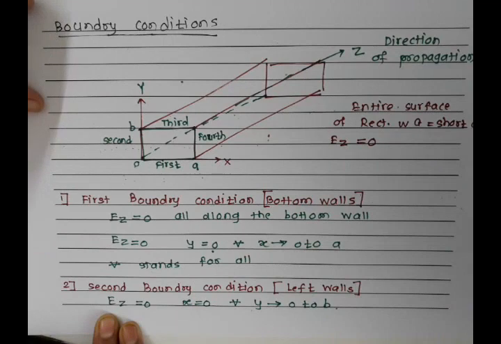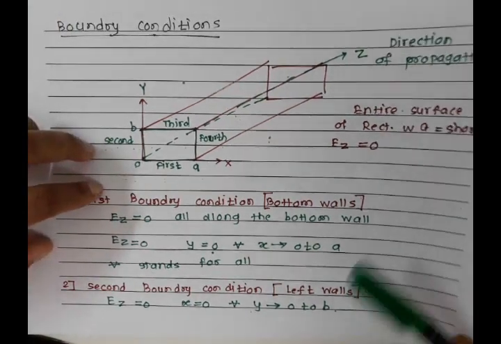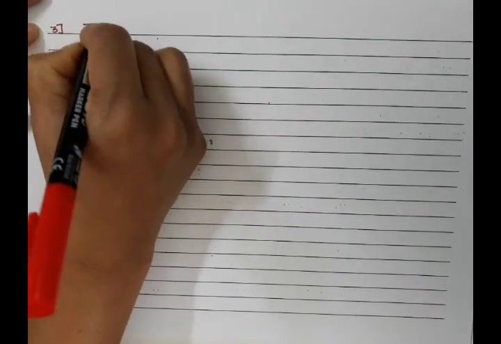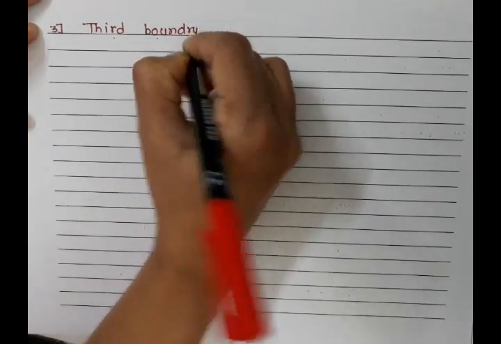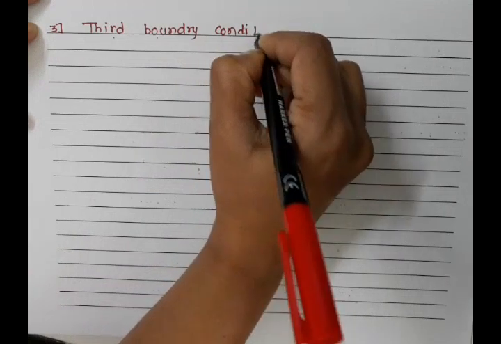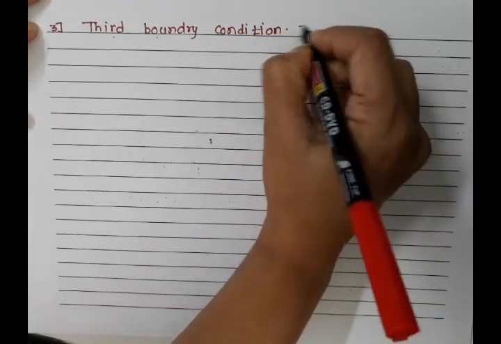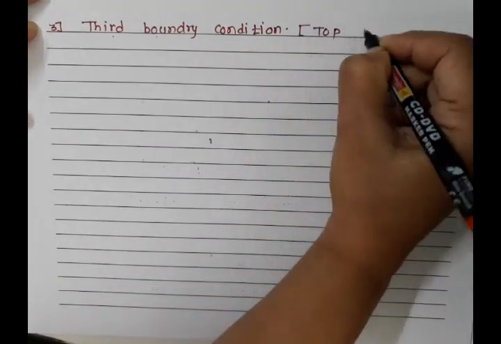Now this is the third boundary condition. We are assuming that our third boundary condition is the top wall. So in my third boundary condition, my wall is the top wall.